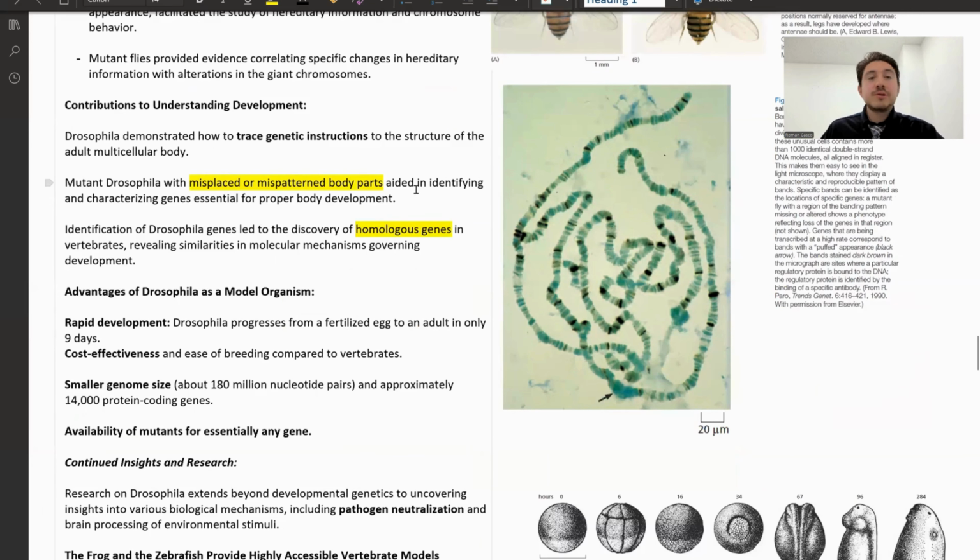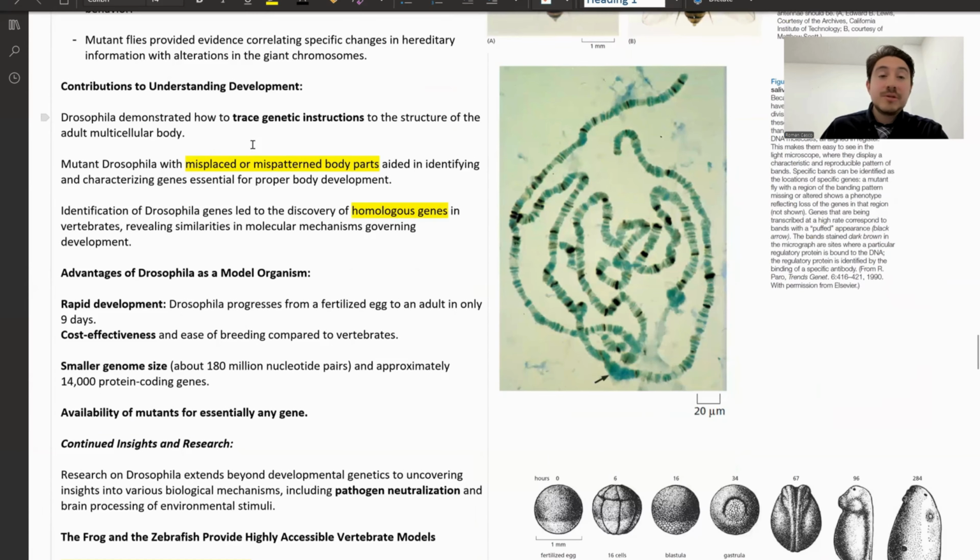For contributions to understanding development, Drosophila demonstrated how to trace genetic instructions to the structure of an adult multicellular body. That's quite a breakthrough when you're dealing with multicellular organisms. Mutant Drosophila with misplaced or mispatterned body parts enabled scientists to identify and characterize genes within a larger scope of DNA, genes essential for proper body development.